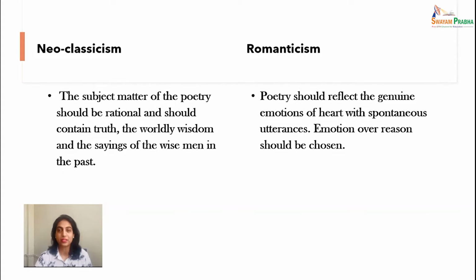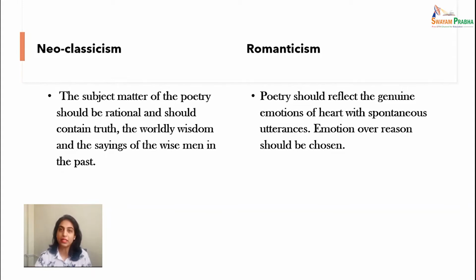The Romantic writers tried to unshackle poetry from the bounds of the neoclassical rigidity. For the neoclassicals, the subject matter of poetry should be rational and should contain truth of the world, worldly wisdom and the sayings of the wise men in the past. So they disapproved of any impulses or emotions or passions in poetry as they were not appropriate for nobility according to them.